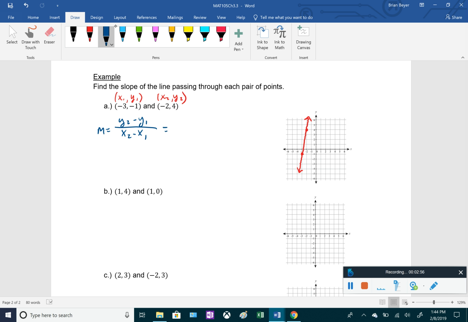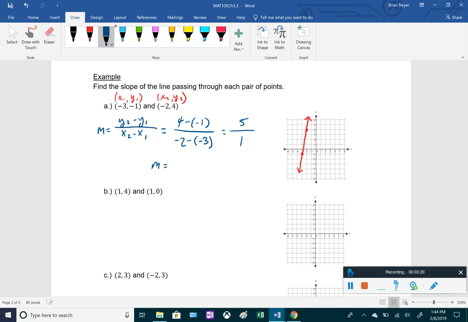So y2 minus y1, that's going to be 4 minus -1. You just have to be careful with the positive and negative signs. And then -2 minus -3. Calculating this, we get 4 minus -1, which is 5. That's 4 plus 1. -2 minus -3 is -2 plus 3, which is 1.